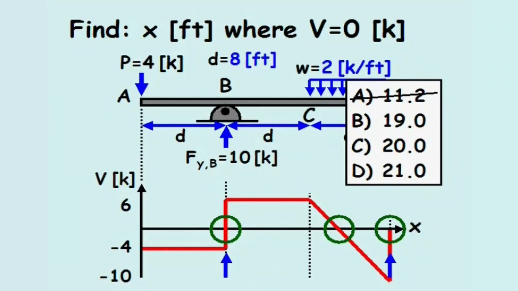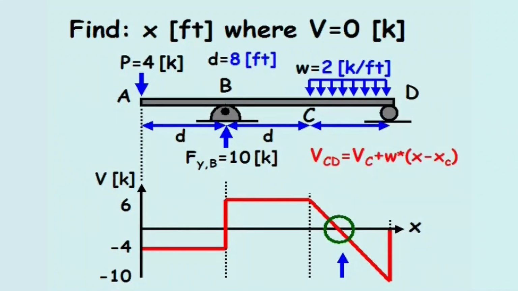The first and third green circles are at lengths x equals d and x equals 3 times d, or 8 feet and 24 feet, neither of which are possible solutions. Therefore, we know x equals the length from point A to the second point in the beam where the shear force equals 0 kips.